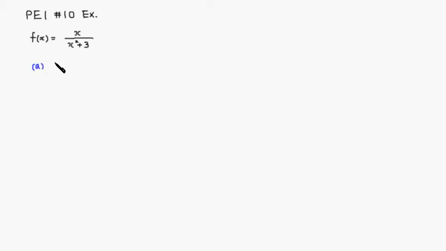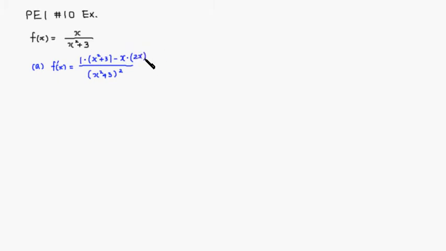All right, so we're going to find the first derivative. Using the quotient rule, square the bottom, so quantity x squared plus 3 squared. Derivative of the top is 1, times the bottom, quantity x squared plus 3, minus top x times derivative of the bottom, which is 2x.